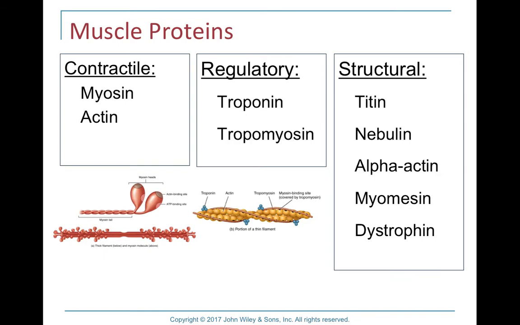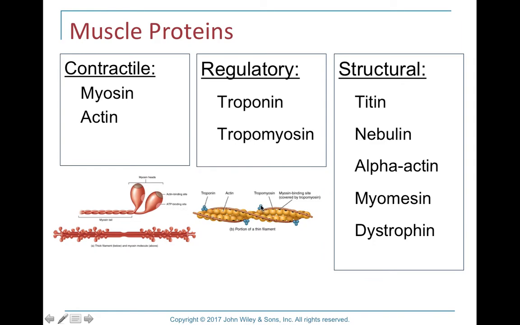Actin in the thin filaments will be the binding site for the myosin, and myosin in the thick filament is actually going to be the motor protein. It contains two heads here, and these two heads contain an actin binding site and an ATP binding site.